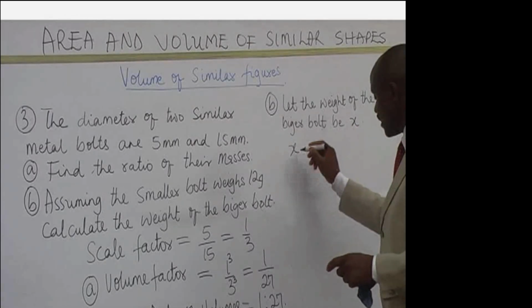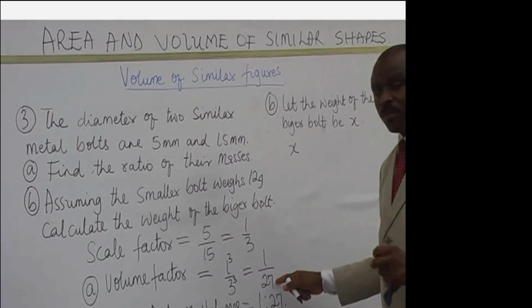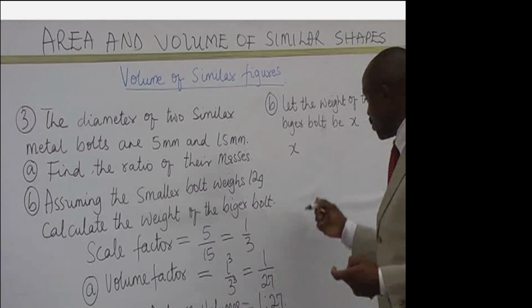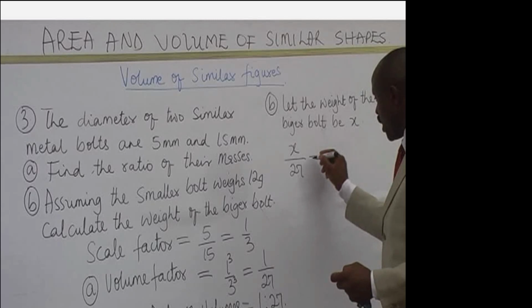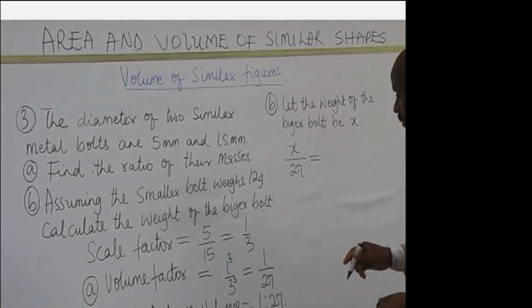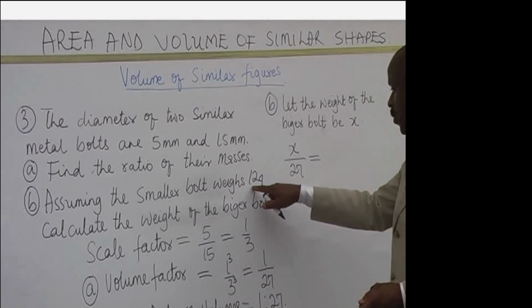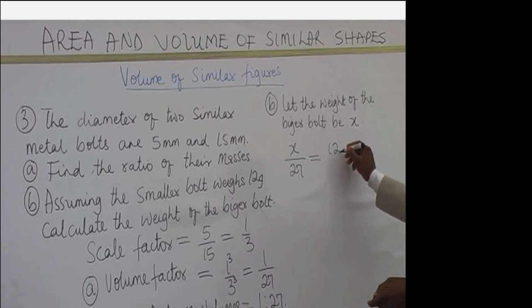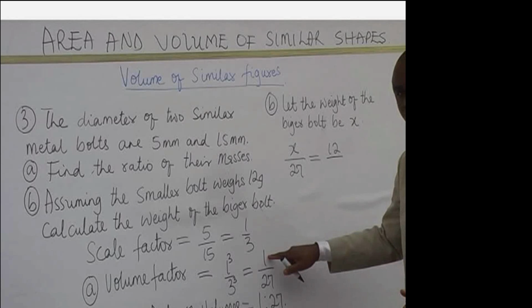So X all over the representative of the bigger boat in the volume factor, which is 27, will be equal to the mass or the weight of the smaller boat, which is 12, divided by the representative of the smaller boat in the volume factor, which is 1.